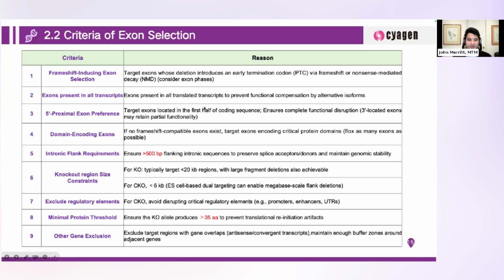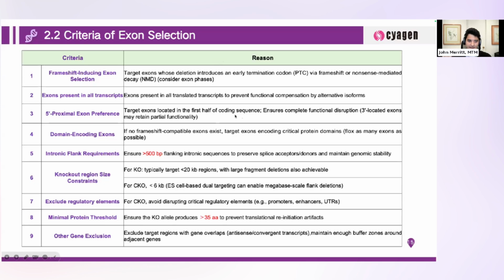And so the first thing we look for is frame shift inducing exons, frame shift inducing mutations. So we're targeting exons that are non-triplicate, right? And introduce an early termination codon via frame shift, and that results in nonsense mediated decay. So we're trying to pick out exons that are non-triplicate that result in early termination codons.